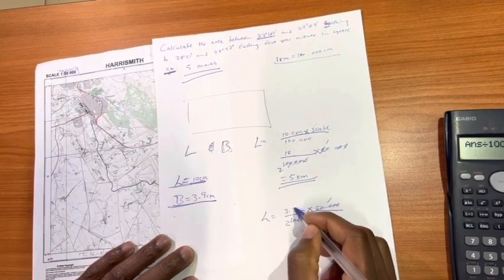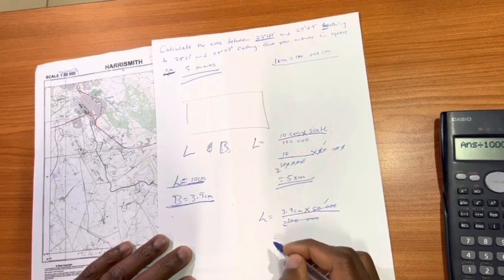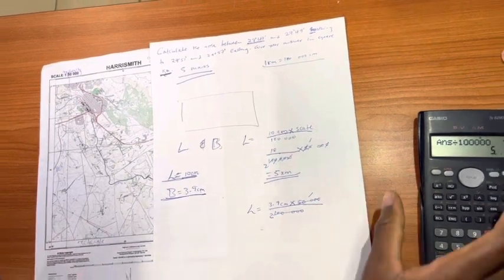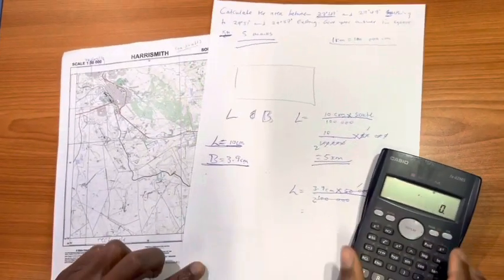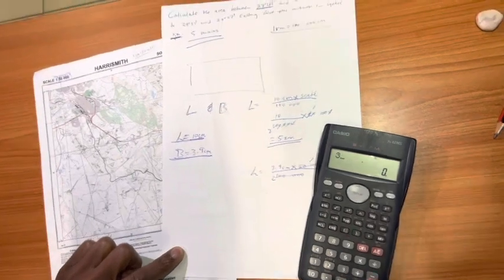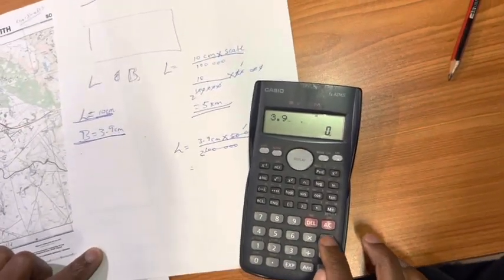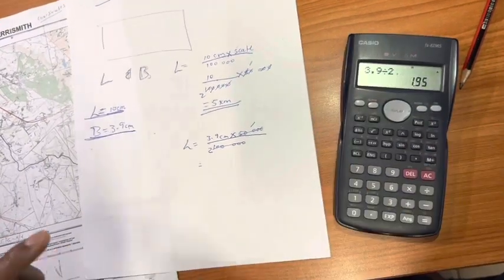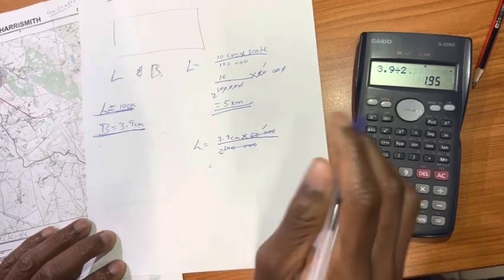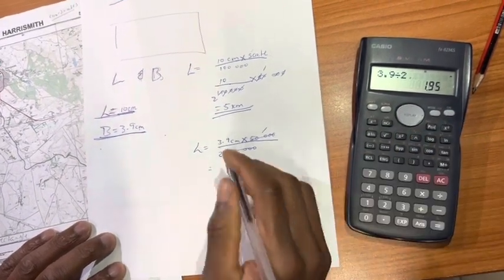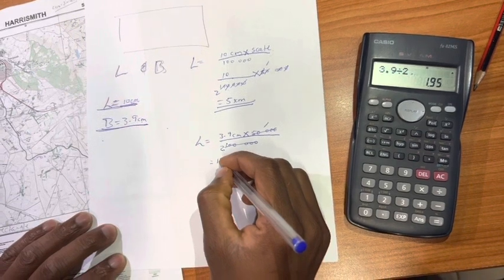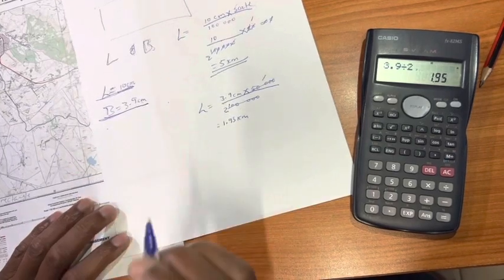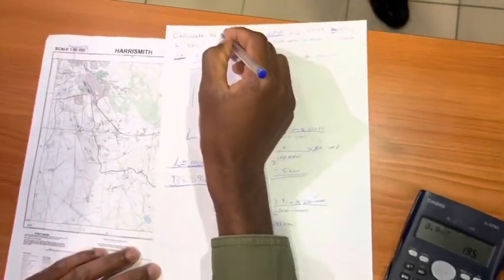So you have 3.9 divided by 2, which I think is 1.85. Okay, 3.9 divided by 2, we get 1.95. Yes, 95, not 85. Excuse me there. That's why it's always advisable for you to use a calculator. All right, so 1.95, that's your kilometers.